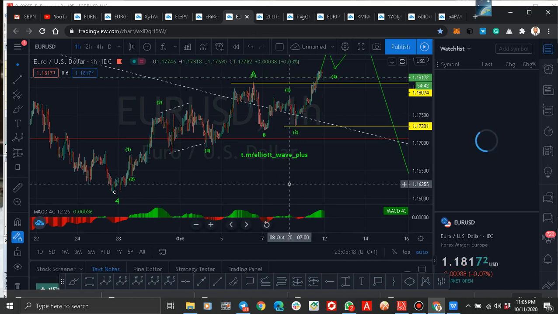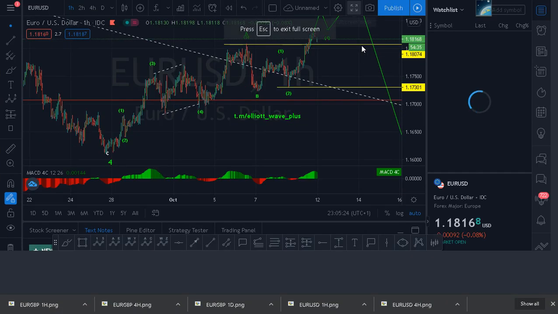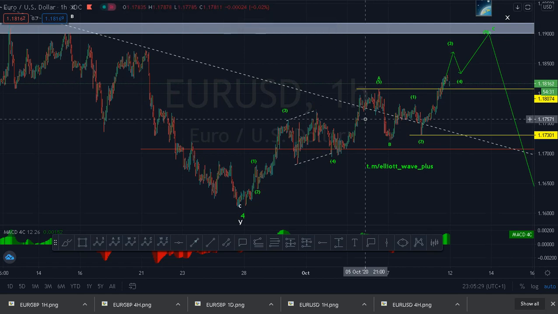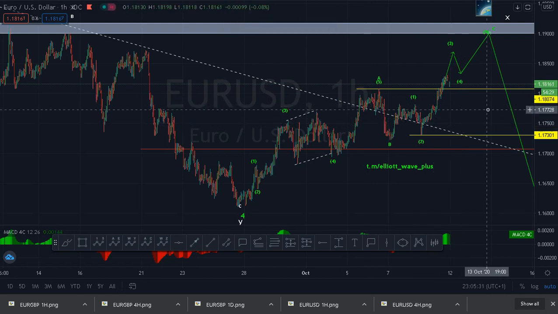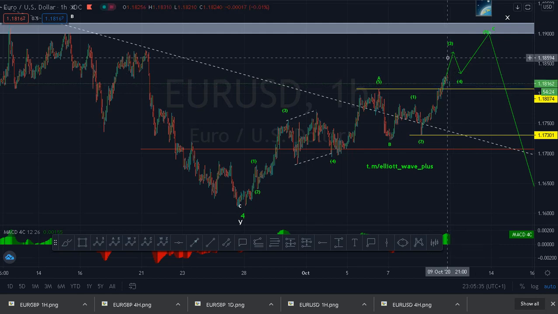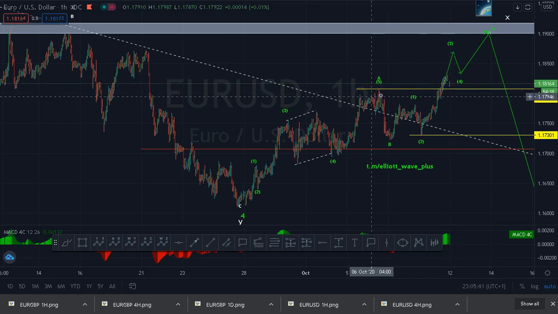Okay, this is the same EURUSD, the live. The other one is a picture. This is the live market on it. So as I have explained, the market has opened, and we have a retest of the broken line.